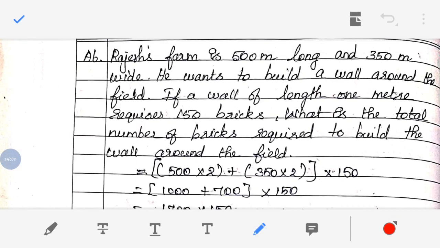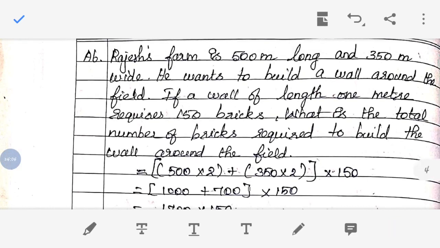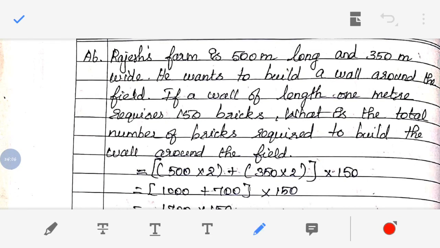A6. Rajesh's farm is 500 meter long and 350 meter wide. He wants to build a wall around the field. If a wall of length 1 meter requires 150 bricks, then what is the total number of bricks required to build the wall around the field?